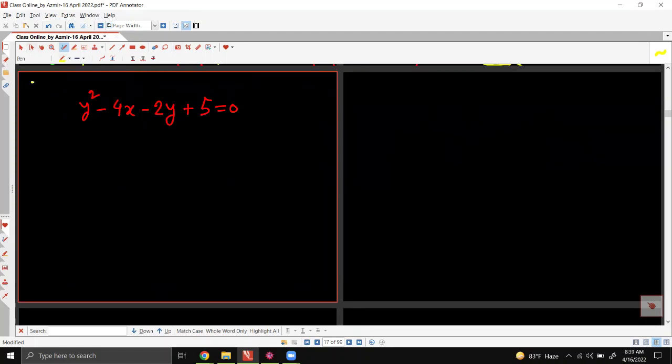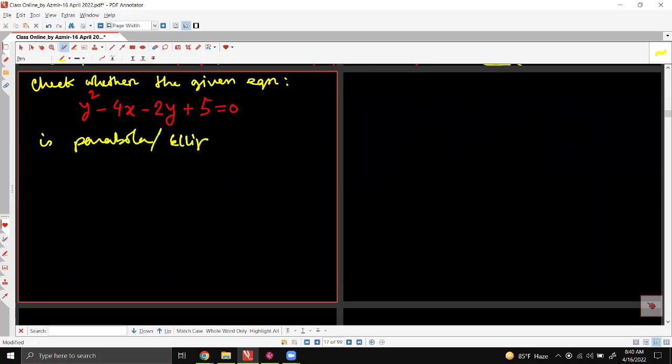Let's check whether the given equation, this one, is a parabola, ellipse, or hyperbola.